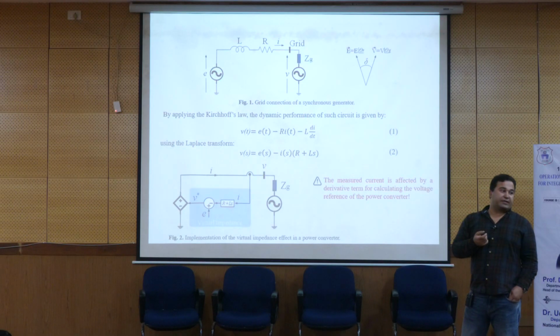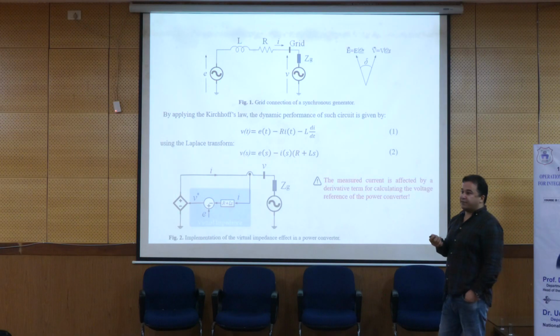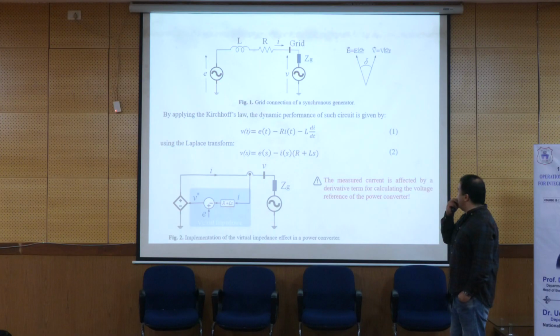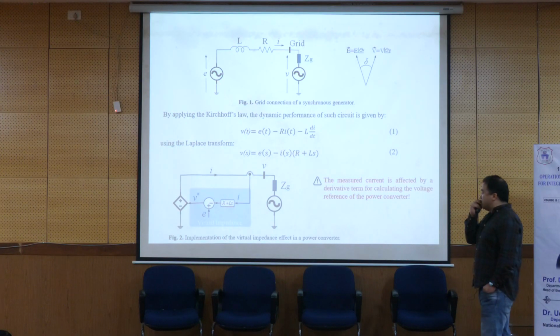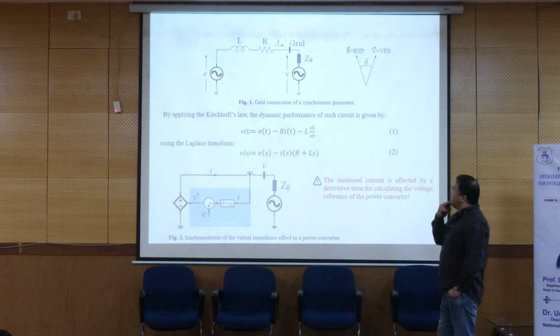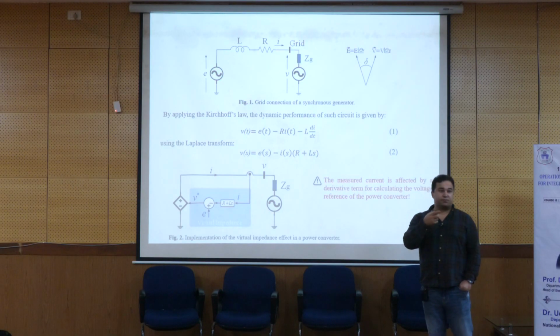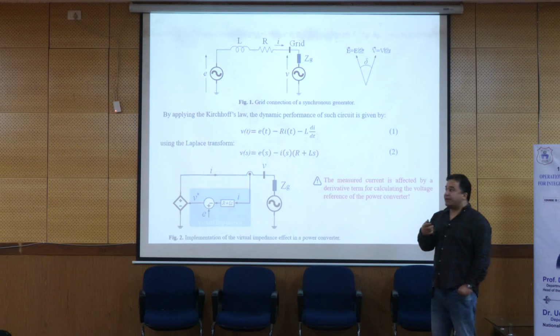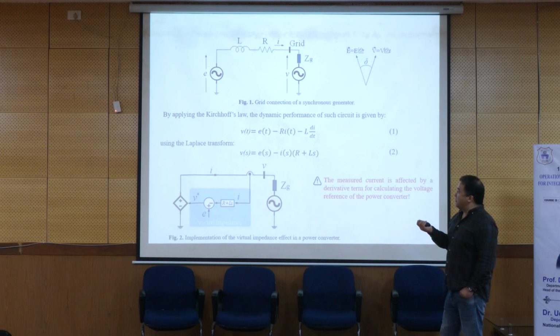Up to here is clear? Okay. Then, if we are going to model this system in a state form, because we are going to model it in the control loop, we see that we have the current injected from the machine to the grid.